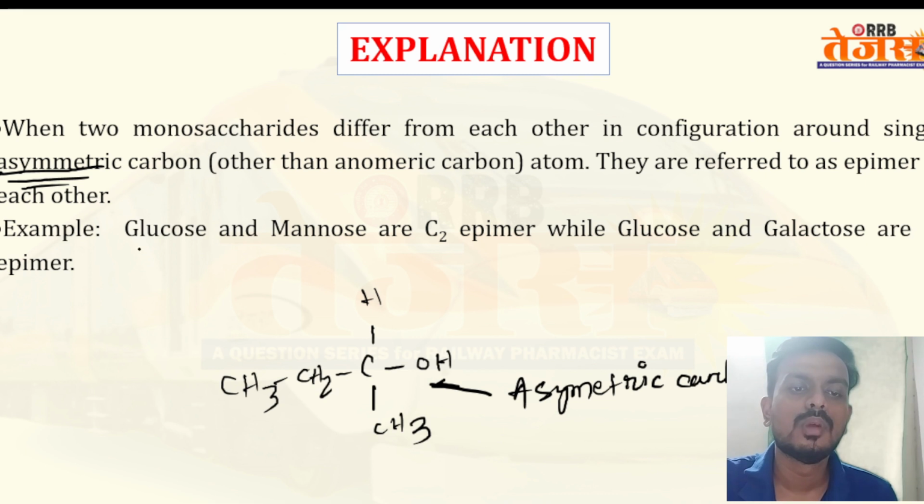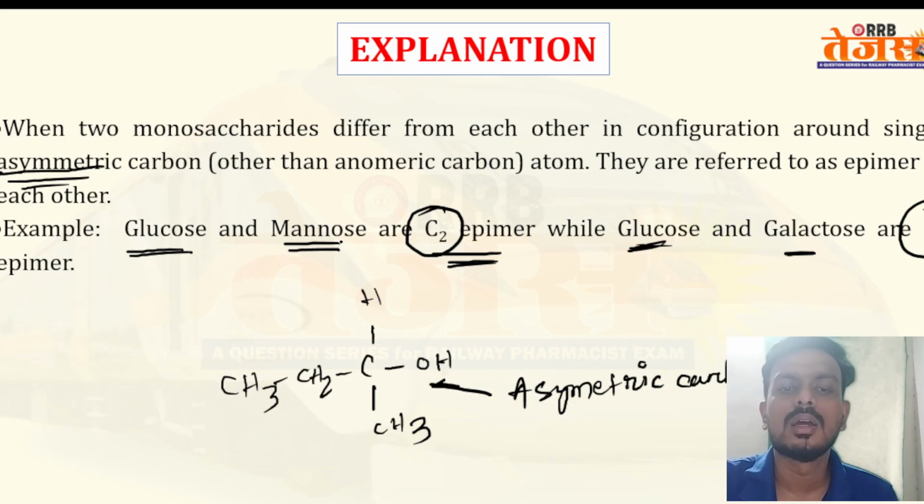Glucose and mannose are C2 epimers, whereas glucose and galactose are C4 epimers.